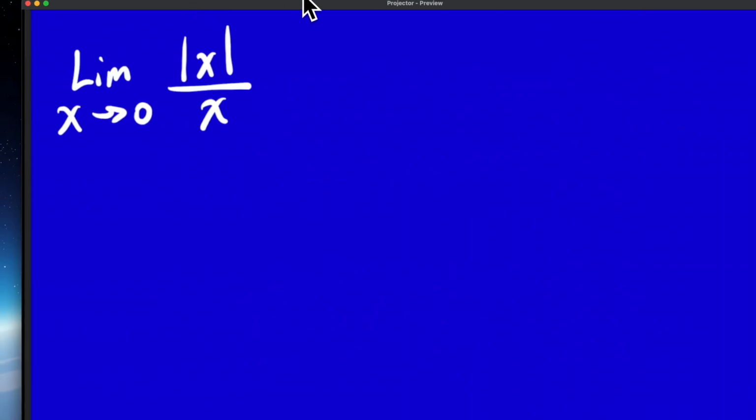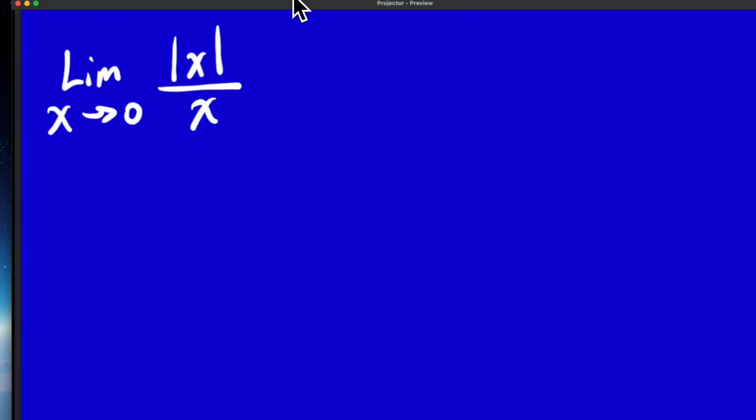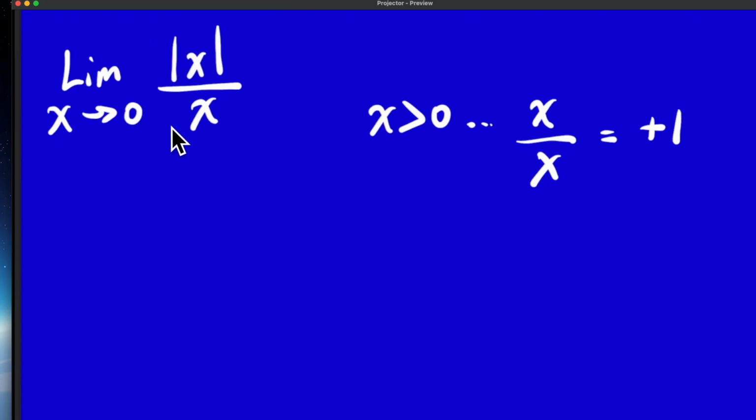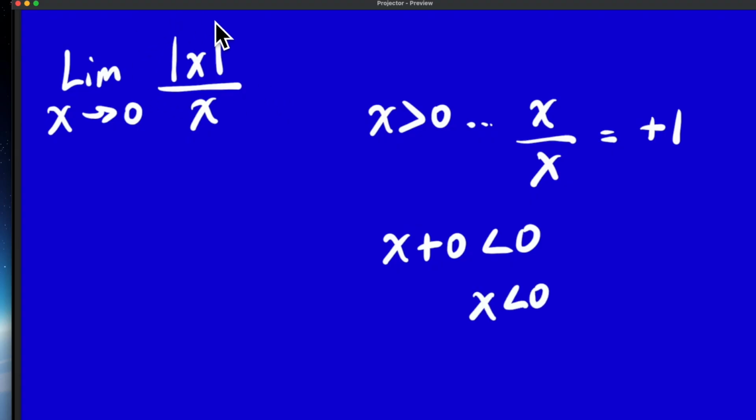We're going to say that when x is greater than 0, we're dealing with the same exact function, which is x. When we have x over x, the limit is going to approach 1. However, when this inside is negative, and you could simply consider that x plus 0 is negative, x less than 0, we're going to be dealing with the opposite of what you see.